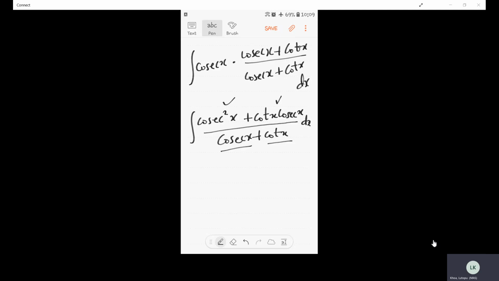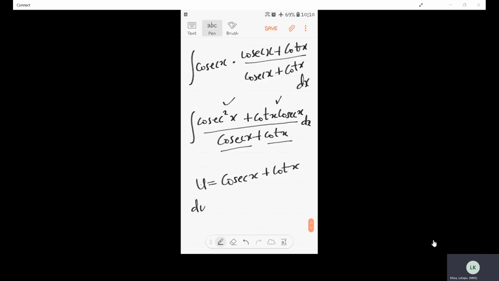So the difference between the numerator and the derivative of the denominator is a constant multiple. So if I multiply the numerator by -1, I will have the derivative of the denominator. So I say let u equal to cosec x plus cot x.